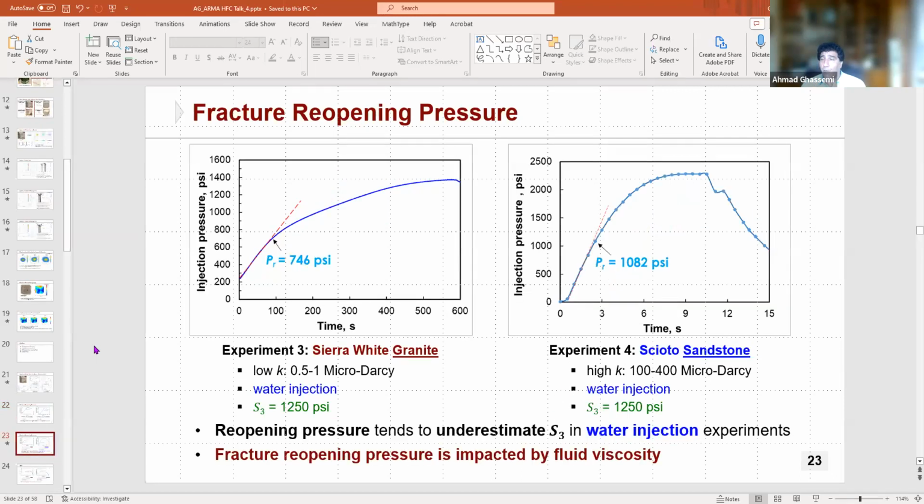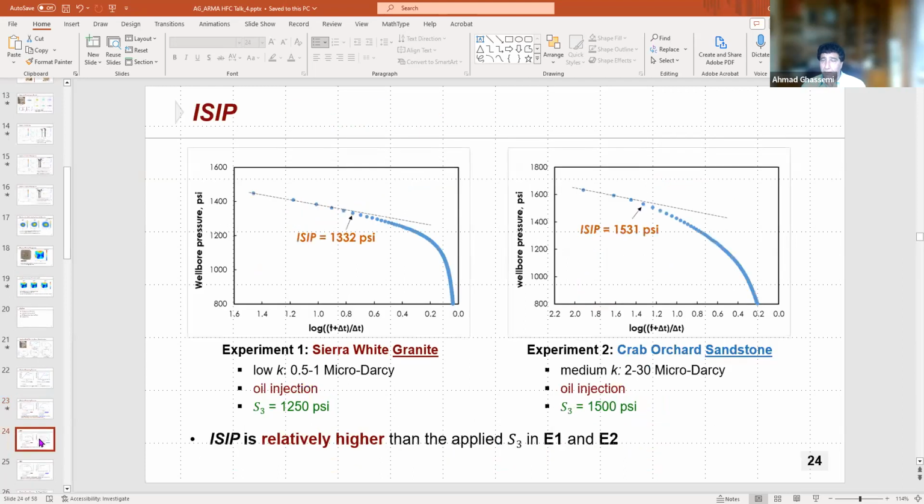And for the Sierra White granite fractured with water and Scioto sandstone, which is a very permeable sandstone, the reopening pressure is very low, suggesting that the water penetrated the fracture because of the high permeability of the rock itself and the fracture, and so underestimated the fracture reopening.